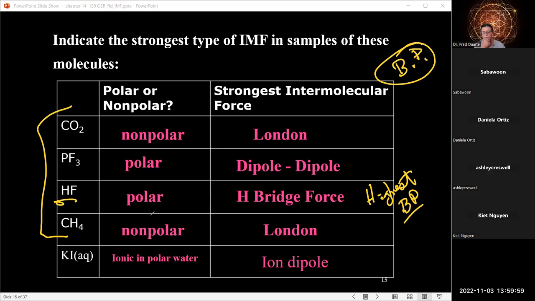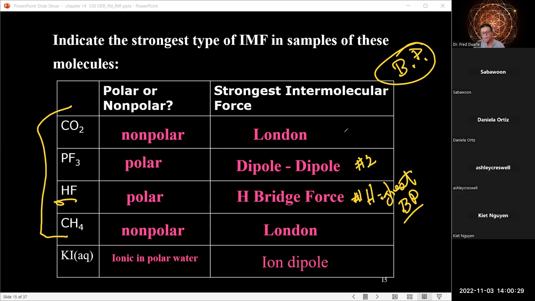That'd be number one. And then number two, with respect to boiling point, would be PF3. Why? Because it has a strong intermolecular force, but not as strong as the hydrogen bridging. So it will have the next highest boiling point.